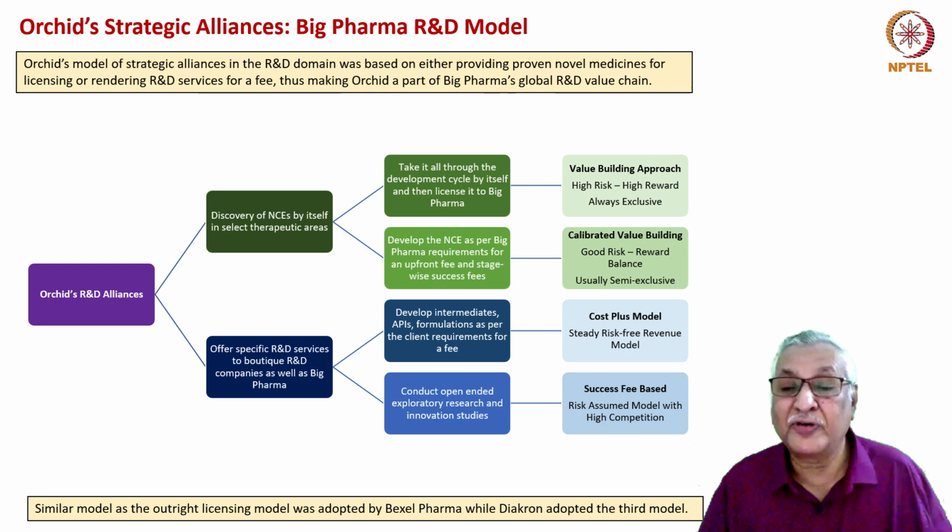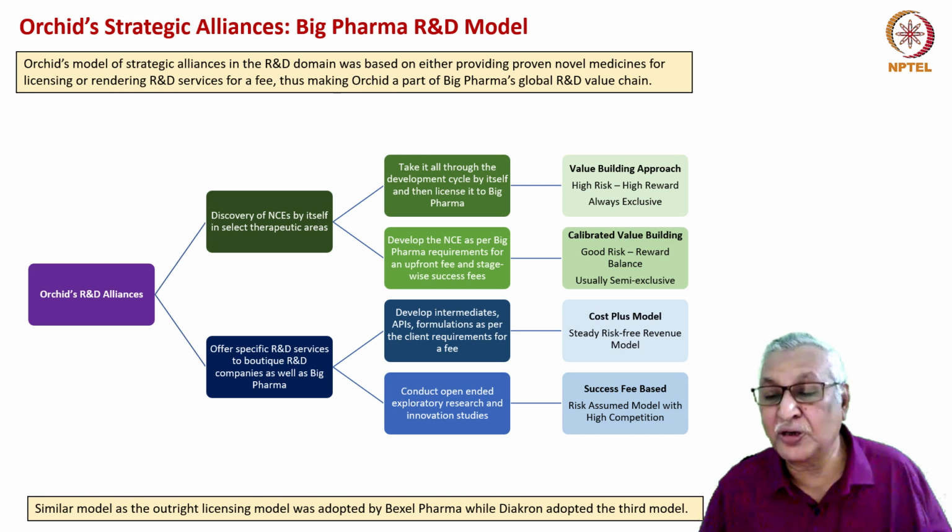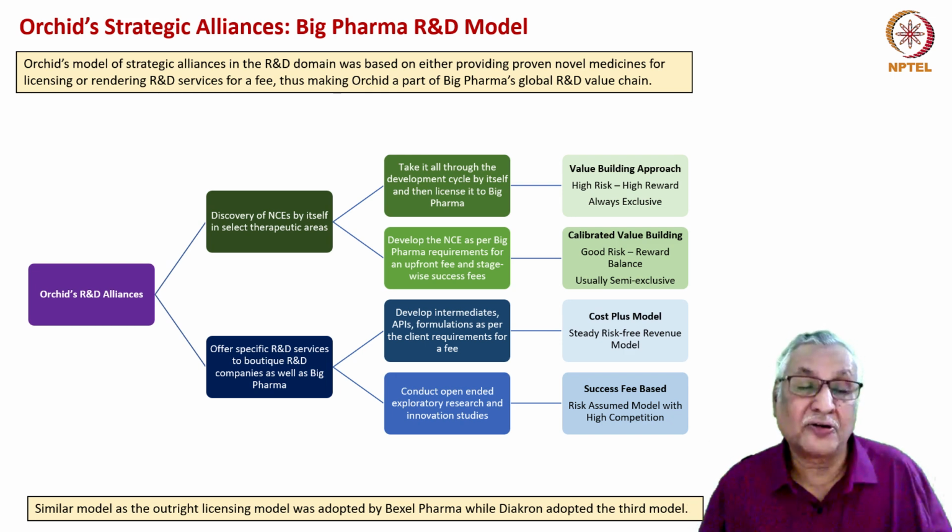In the third one of developing intermediates, APIs and formulations as per the client requirements, we have the cost plus model operating. It is a steady risk-free revenue model. And conducting of open-ended exploratory research and innovation studies is a success fee based model where the risk is assumed by Orchid, but it also entails high competition within the Indian contract development and manufacturing organizations.